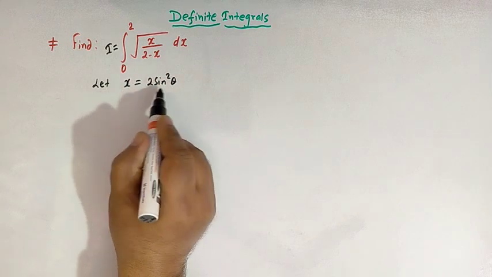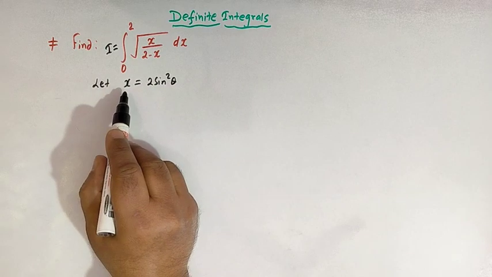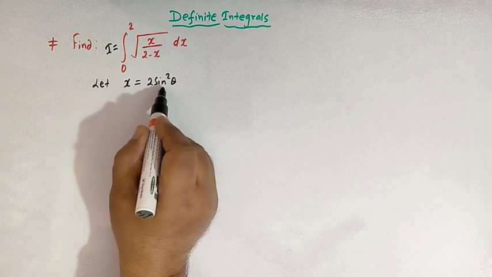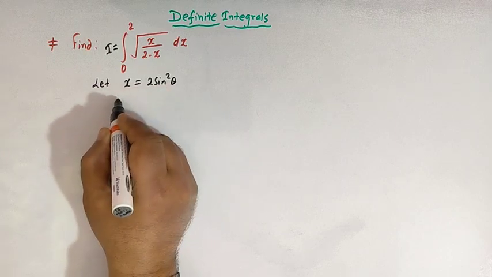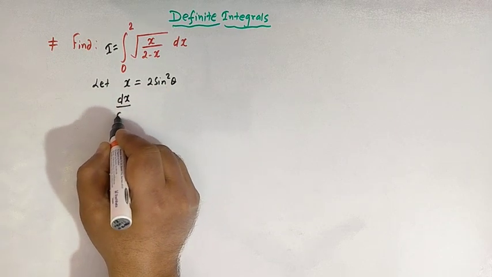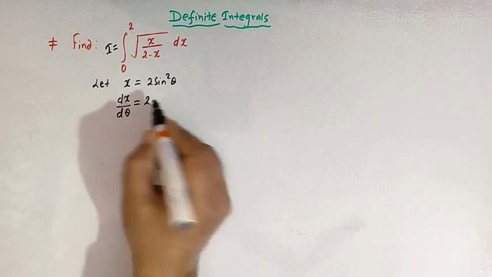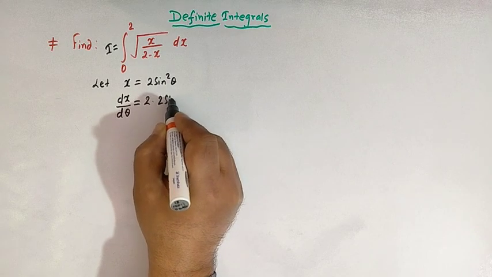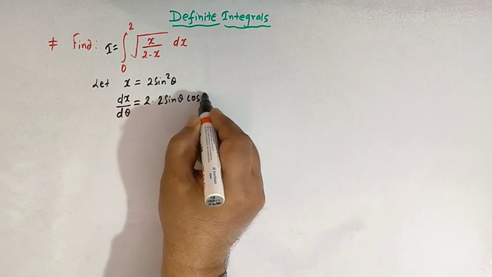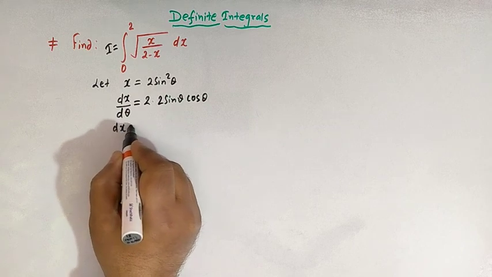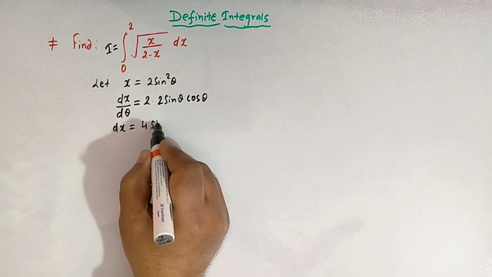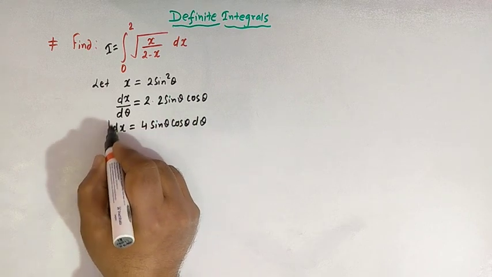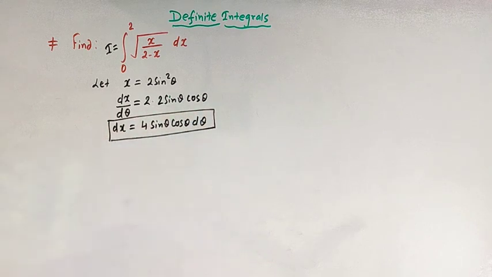If we differentiate both sides with respect to theta, we get dx over d theta is equal to 2, and the derivative of sine square theta is 2 sine theta cos theta. So now dx can be written as 4 sine theta cos theta d theta.